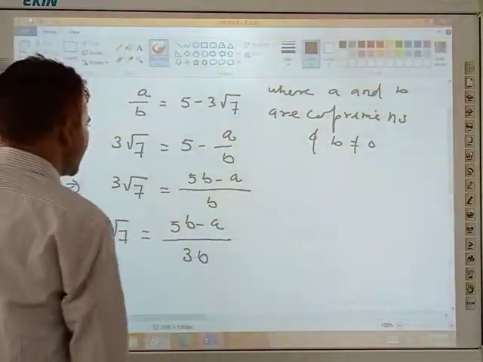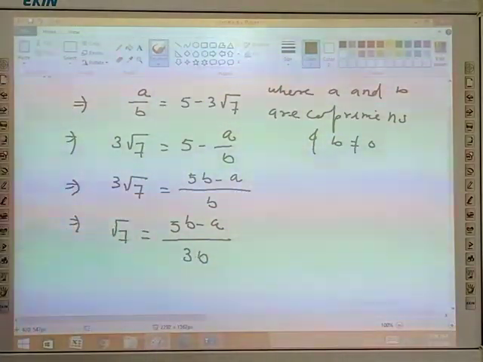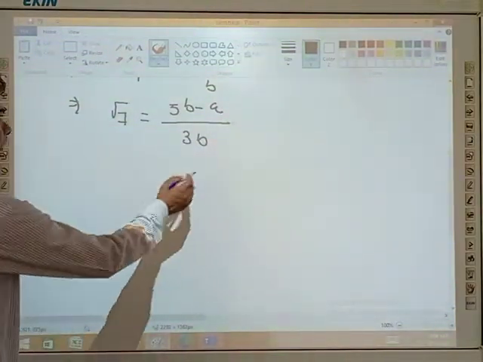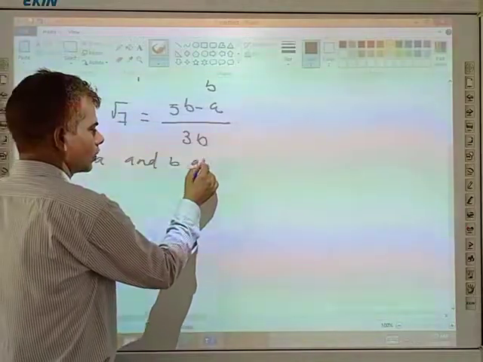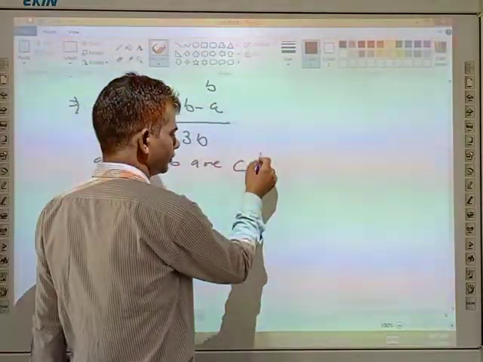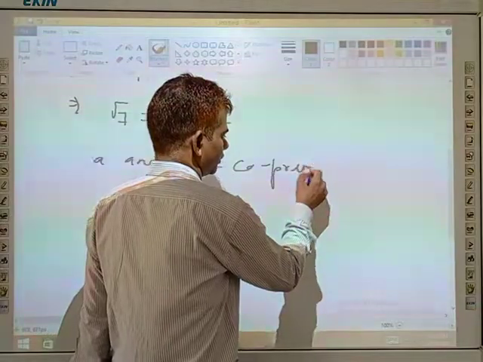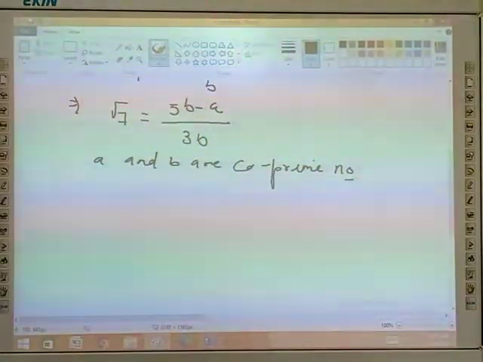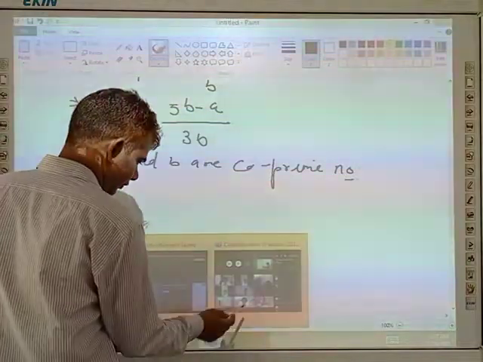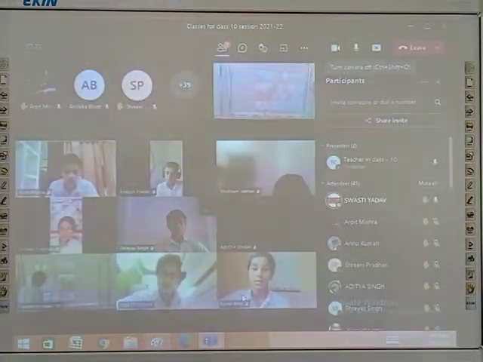Now a and b are co-prime numbers. If you take a and b as co-prime numbers, then 5b minus a by 3b will be rational numbers.